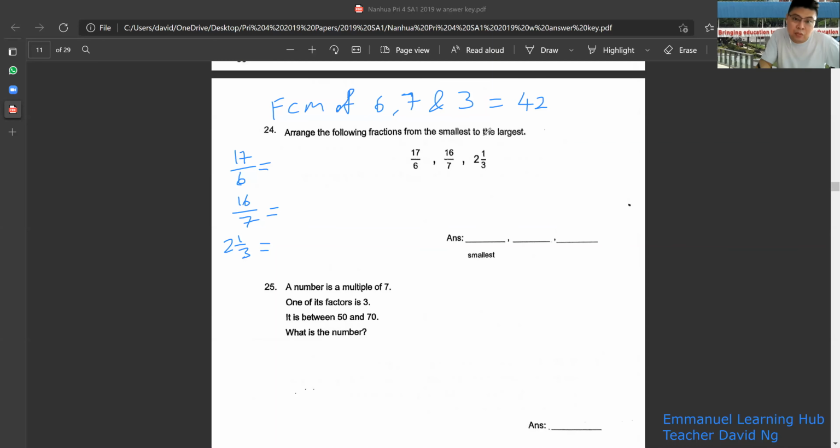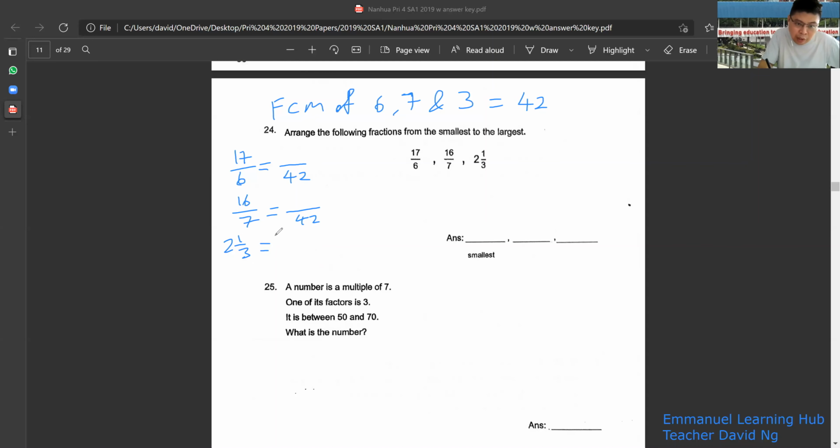Okay, LCM is 42. After knowing the LCM, that's not the end of the story. That means I can change all my denominators to 42, and then put the one on top, and then you find the numerator.